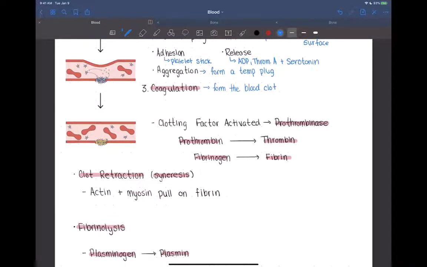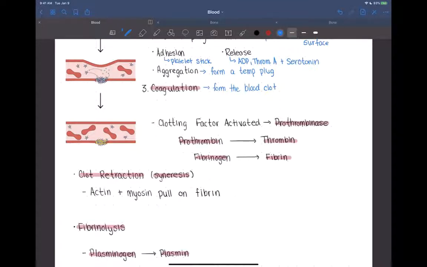And so it is made up of a mesh of kind of interwoven, insoluble fibers, right? That means they're not soluble in water. So we're going to just make this big mesh.